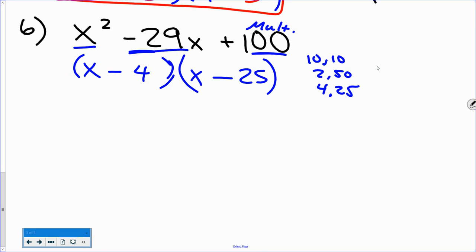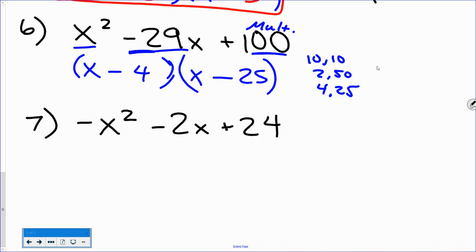Let's look at one where I have a negative in front of my x squared. Now, technically, there are no greatest common factors that we would have to pull out, but if there's a negative in front of my x squared, I would always factor that out in front.